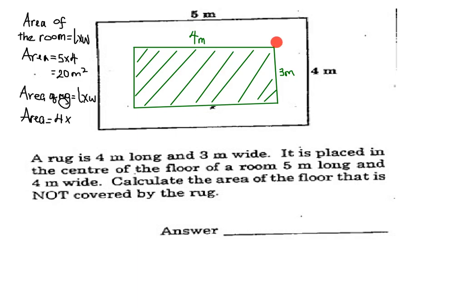No, the length is the 4 meters. What's the width? The rug is 4 meters long and 3 meters wide. So you could use the information they provided there. So 4 by 3 is? 12. And again, because we're dealing with area, 12 meters squared.